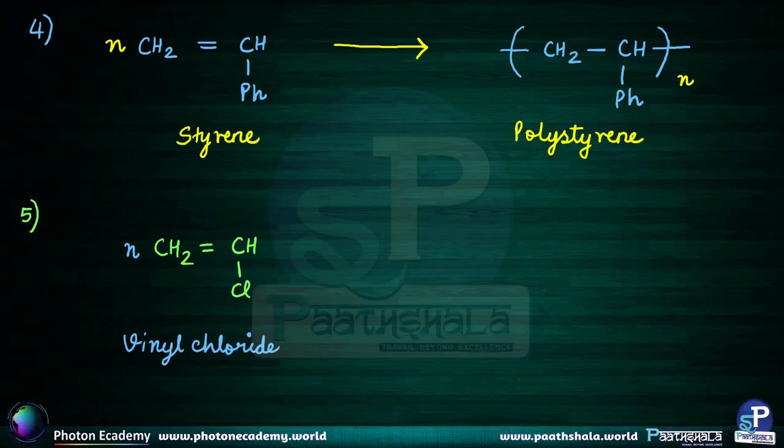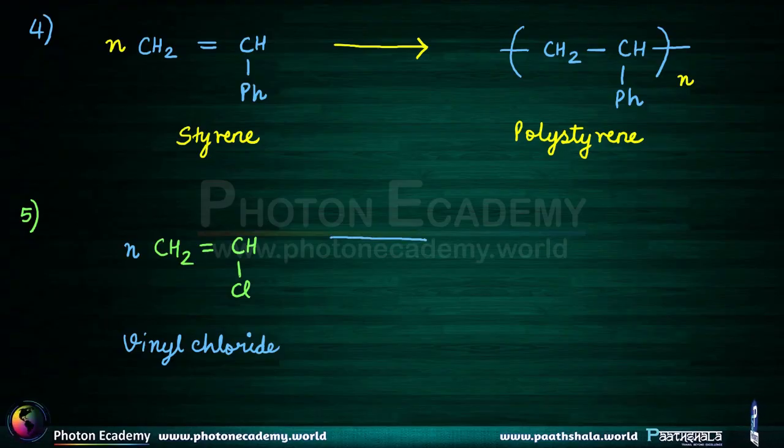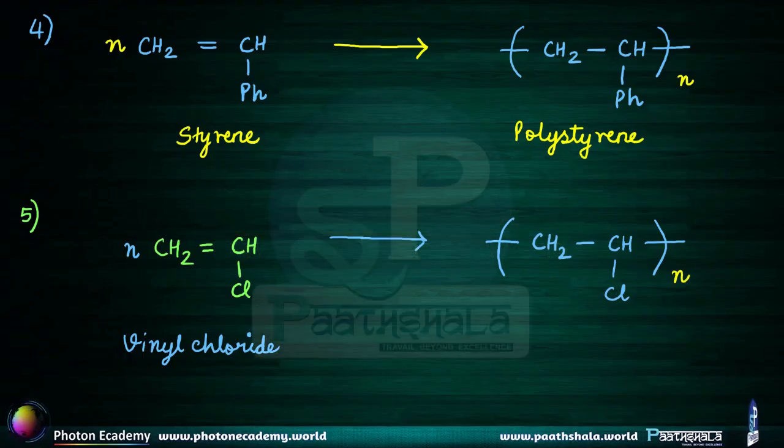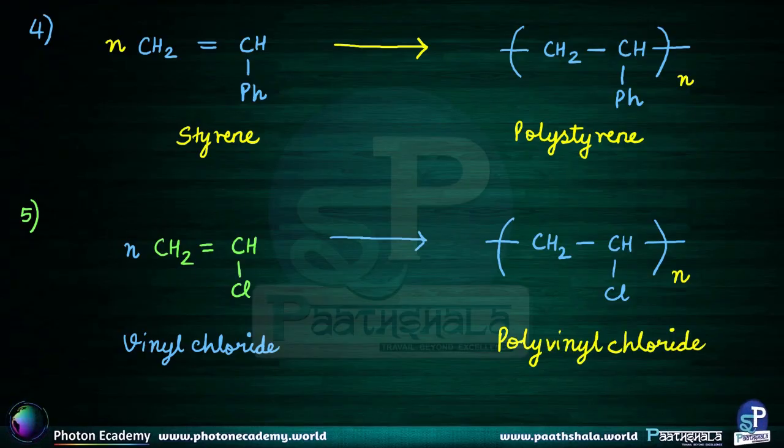So vinyl chloride on polymerization gives us the same structure CH2, single bond CH and a Cl, and n units of this is being developed, and this is called polyvinyl chloride, referred to commonly as PVC, polyvinyl chloride.